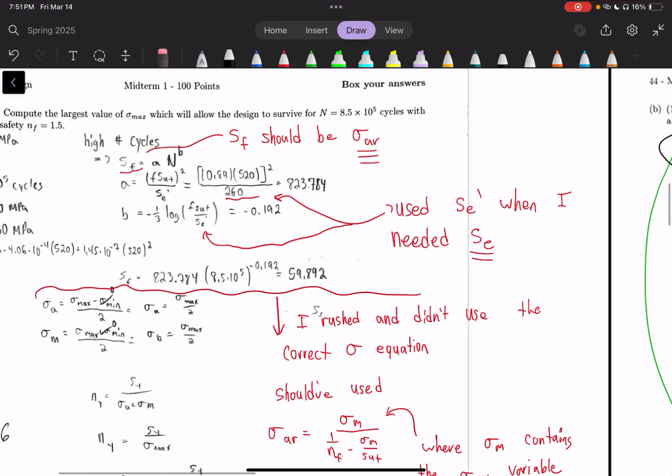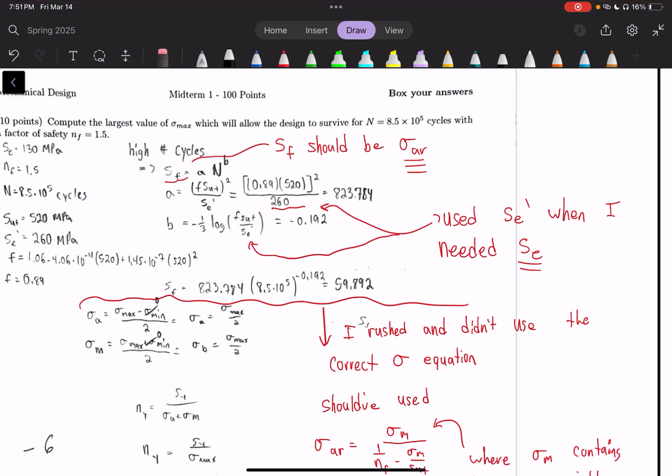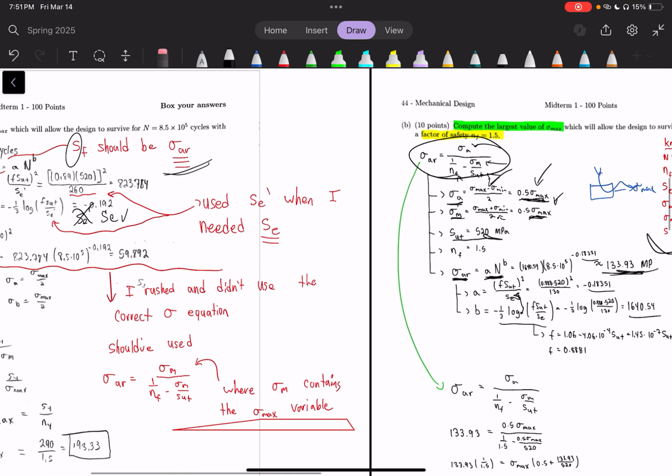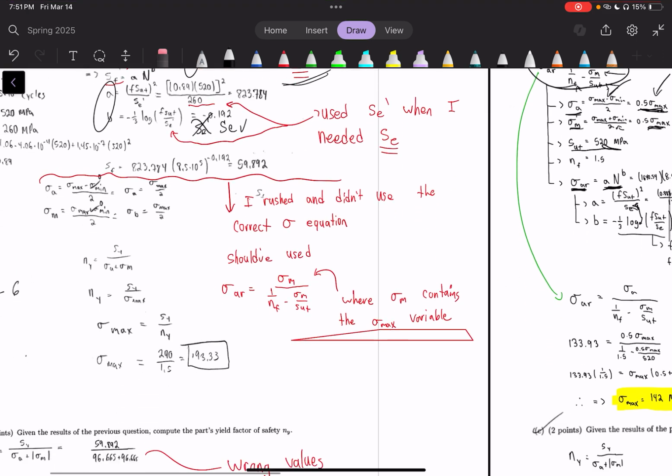Where I went wrong here is I used Se prime instead of Se. I should have been using just the Se, not Se prime, for the a and the b relationships, and this f should have been that alternating. Going through, we were able to see that I rushed, same as how I'm kind of rushing now.